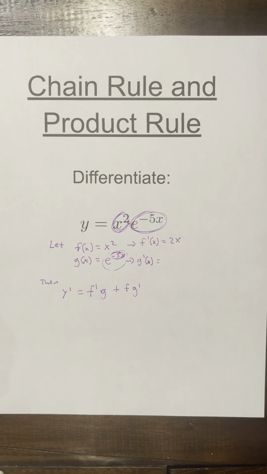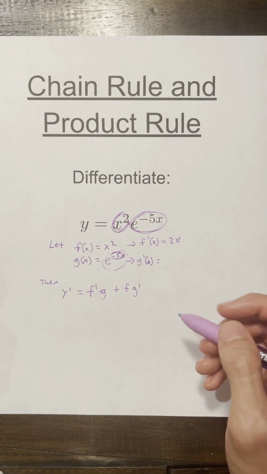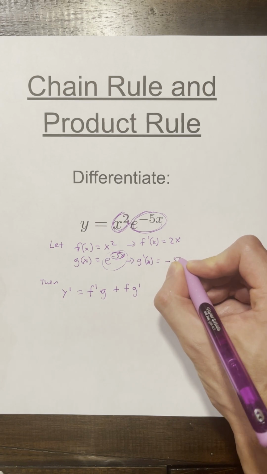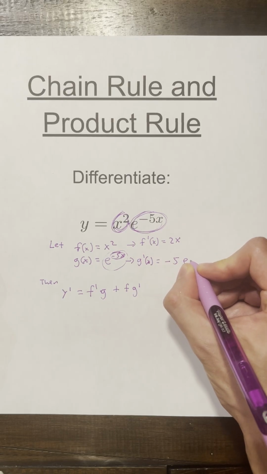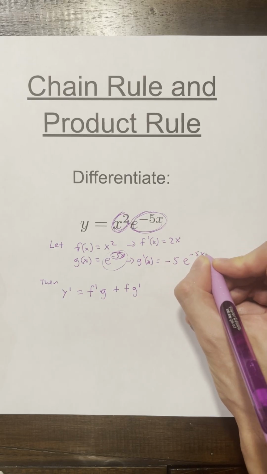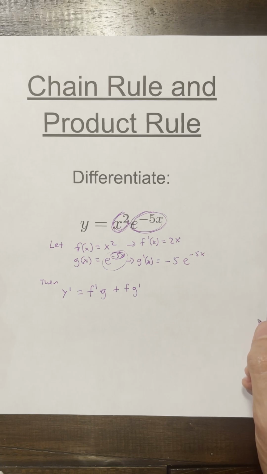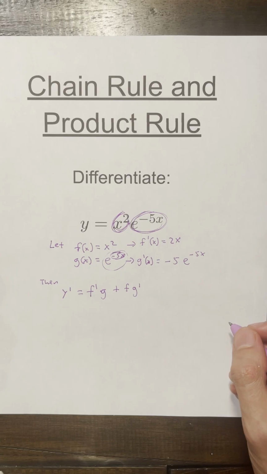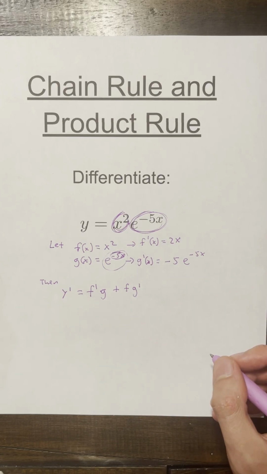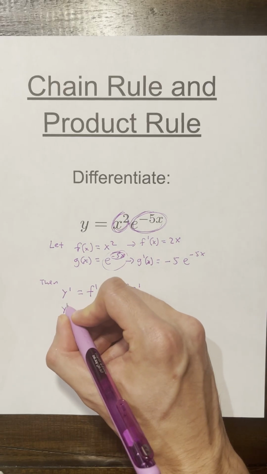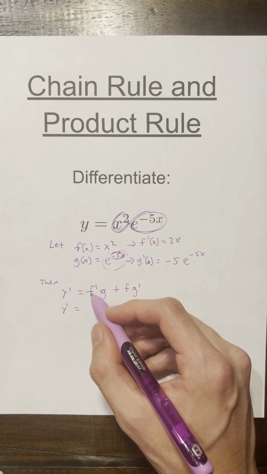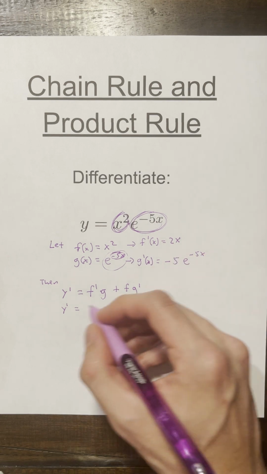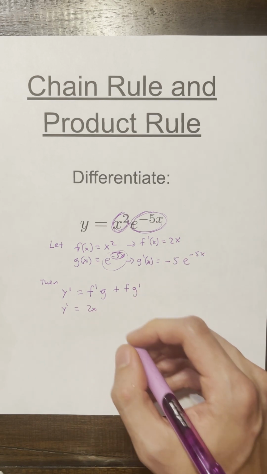The derivative of e to the power of negative 5x is negative 5 times e to the power of negative 5x. Okay, and now that we know f prime and g prime, we can plug them into this formula. y prime is equal to f prime, so what do I change f prime to? 2x times g.